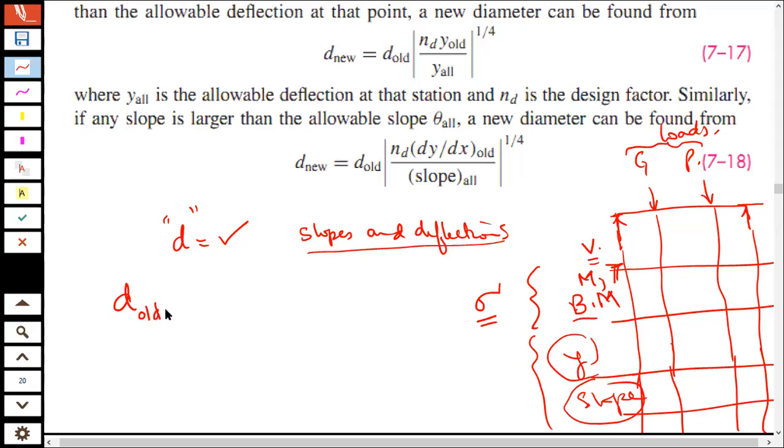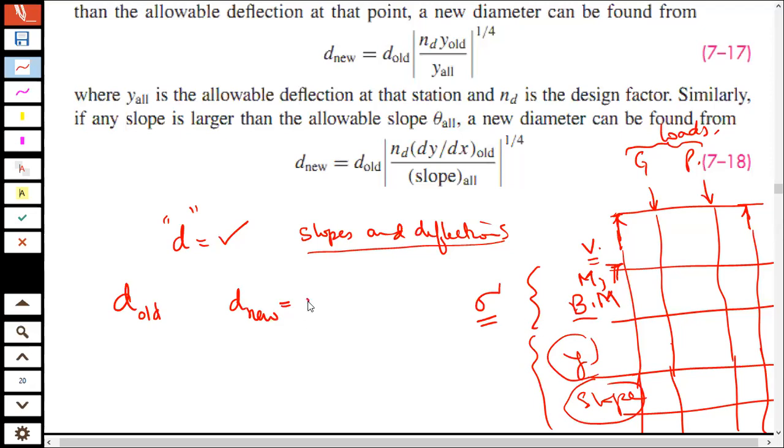Let's say that in this old diameter, the slope or the deflection is more than the allowable. So you will need to find out a new diameter. And how do you get that new diameter?